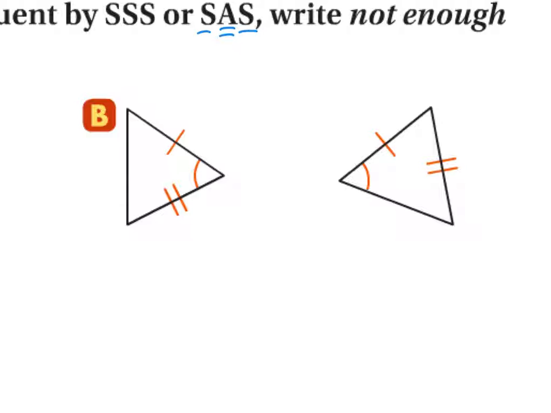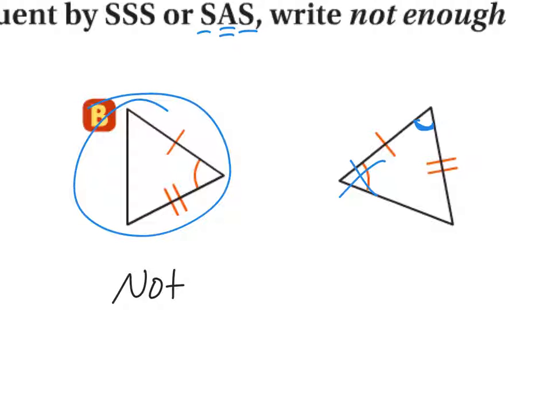So I have that in the first triangle, but I do not have that in the second triangle. I need to know this angle, not the one they give me. So not enough information. They very well might be congruent, but we can't say that. We don't have enough information.